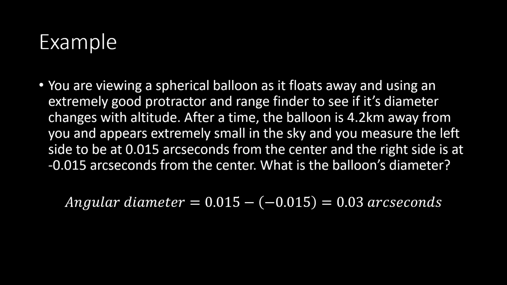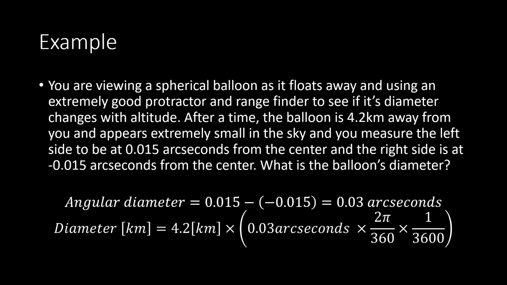So the first thing we need to do is find the angular diameter, or just the diameter of the balloon as it appears in the sky. Not everything we'll work with will be perfectly spherical, so measuring from the center could be hard. But what you want to do is take the positive number, subtract the negative number, and you should get a positive number. So this angular diameter is 0.03 arc seconds.